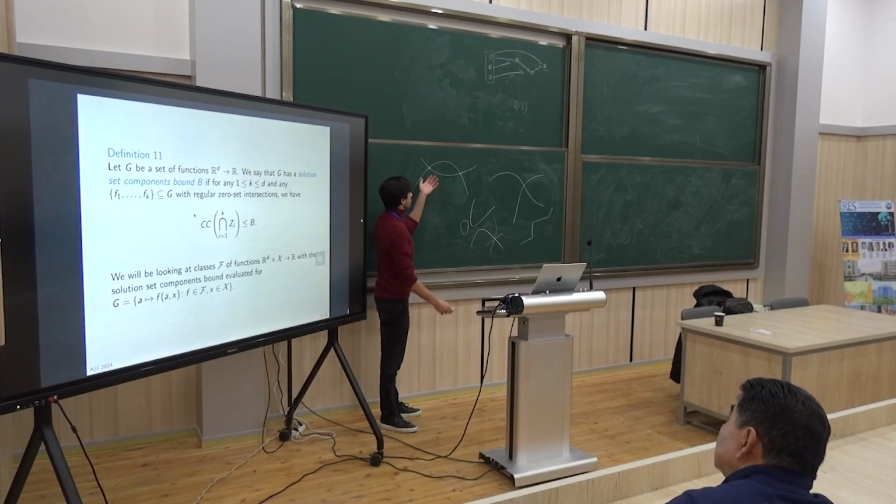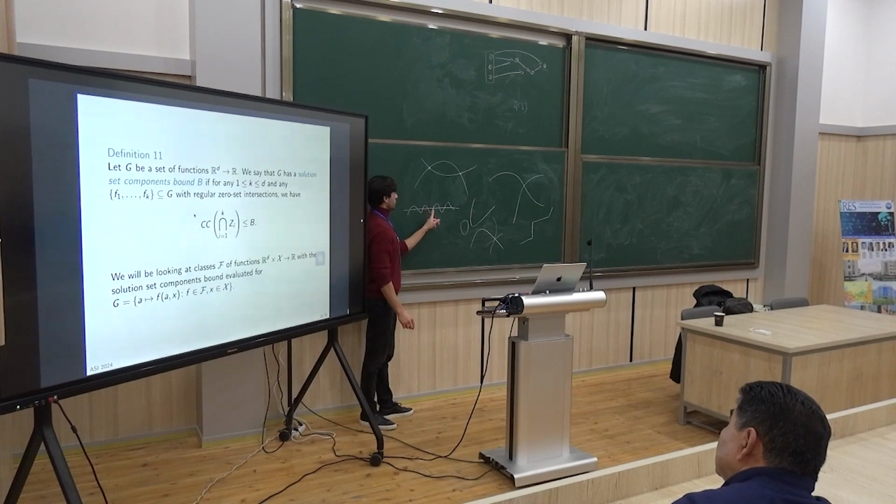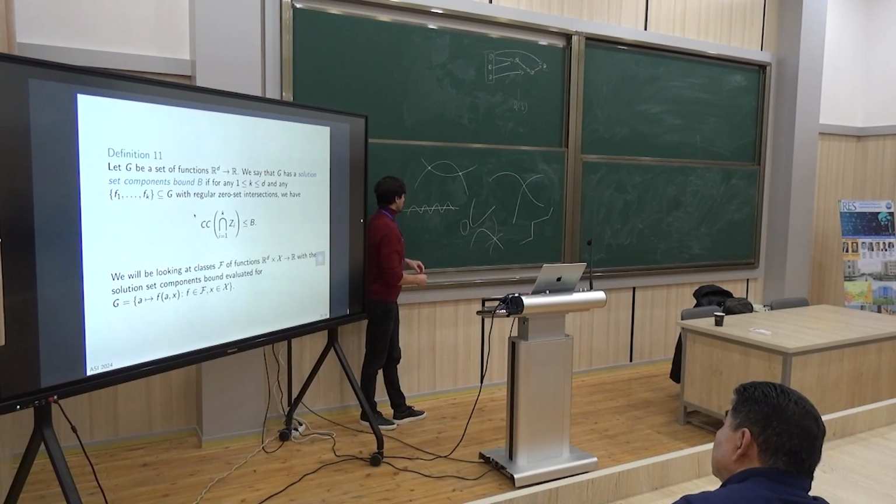The question is, how many connected components could we get? If we had something like this, we intersect them, we will get here a lot of points, so the number of connected components will be higher. Depending on how complicated the zero sets are, the number of connected components of the intersections can go up.